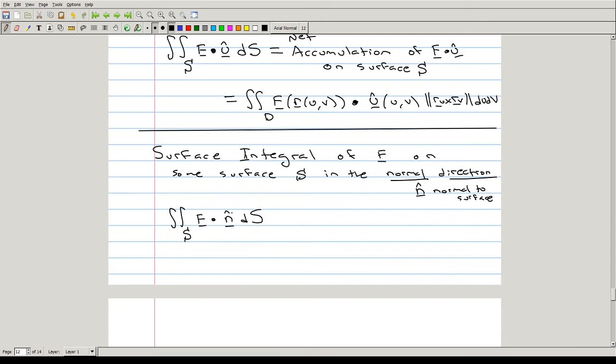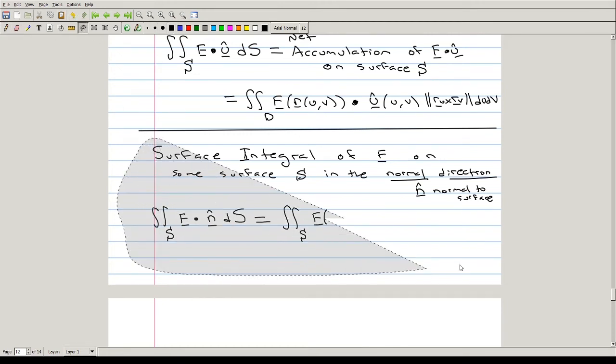And if you remember, n hat was defined to be equal to the cross product of the derivative of the position vector with respect to u in our parameterization. And I'm going to move this onto the next page just to create some more room.